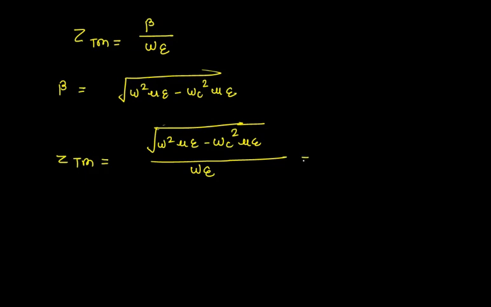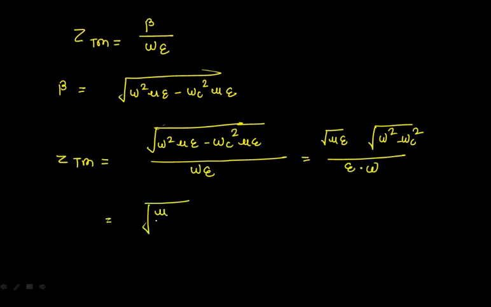Now this omega will get cancelled, and this mu epsilon will go inside, so one epsilon will get cancelled. So I can again write this equation like this. I'll get here mu epsilon omega square, I have just separated out the terms, mu epsilon separately, and this one, and just epsilon into omega. So this term will be root of mu by epsilon.